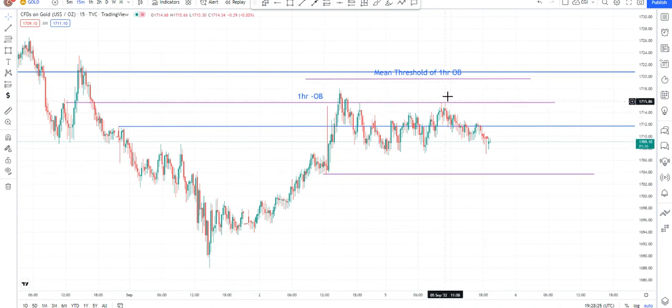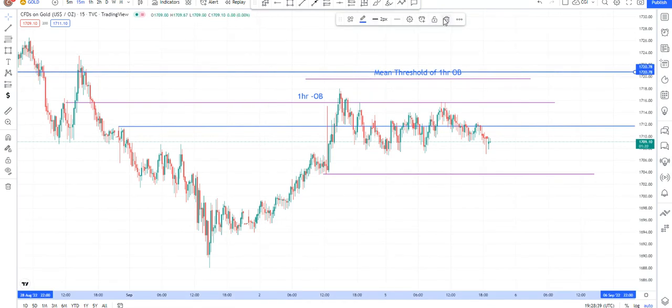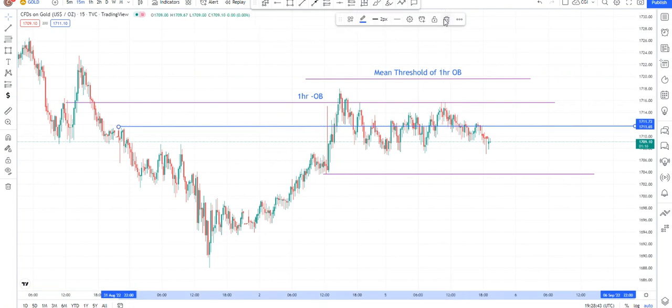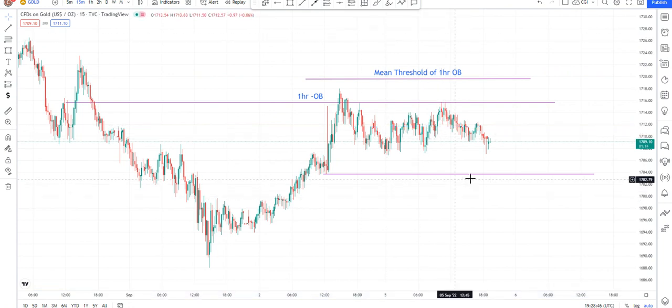So you can now delete what was this on the daily time frame. This was a fair value gap, right? So I can delete those blue lines that belong to that fair value gap. So this right here, this is sell side liquidity.